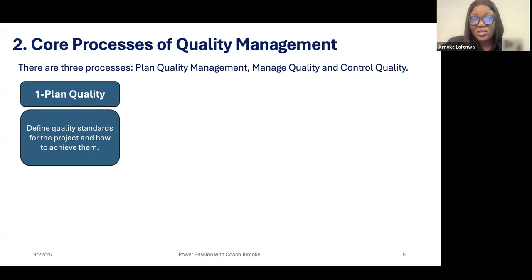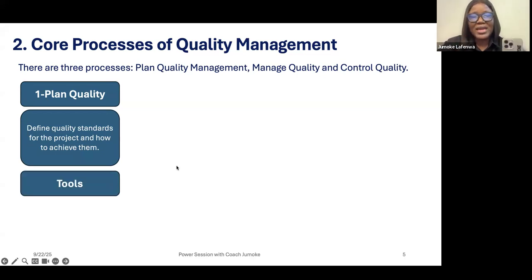The process of production is the project. What is produced is the product. So you need to know the end for you to be able to determine how to deliver it. And that is what we do when we are managing predictive projects. Okay, so you define what the quality standard will be and how to achieve it.